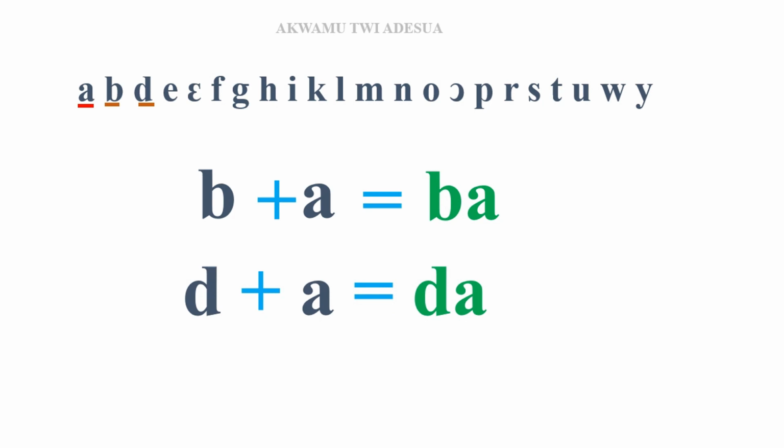We have the b plus a, which is the b, and the a will also give us ba. We have the d plus a, which is the d, and the a will give us da.